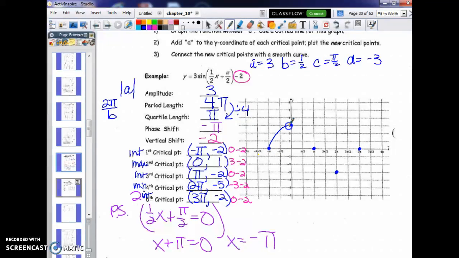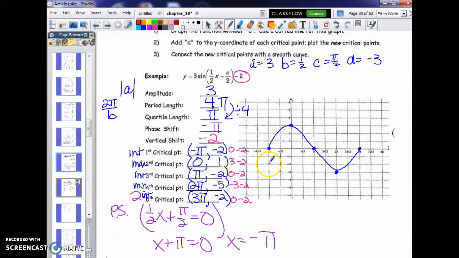Now this is without the vertical shift. So what I have in blue here is 3 times the sine of 1/2 x plus pi over 2. But with that vertical shift, my final graph all got shifted down 2. So my final answer is really going to look like what I have in red here.